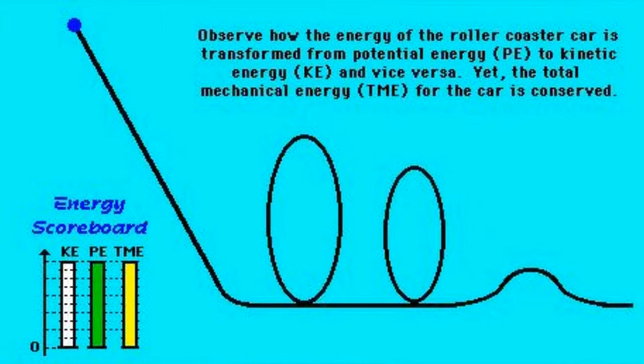Once the roller coaster starts moving down the hill, gravity takes over, and all the hill's potential energy changes to kinetic energy. Gravity applies a constant downward force on the roller coaster.